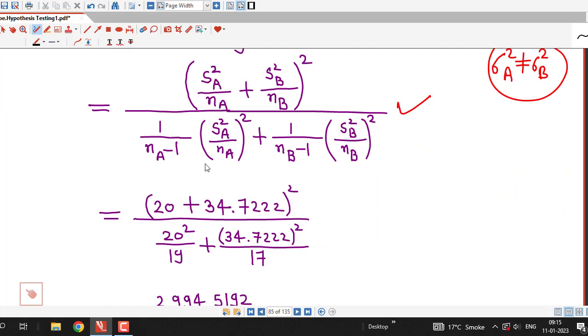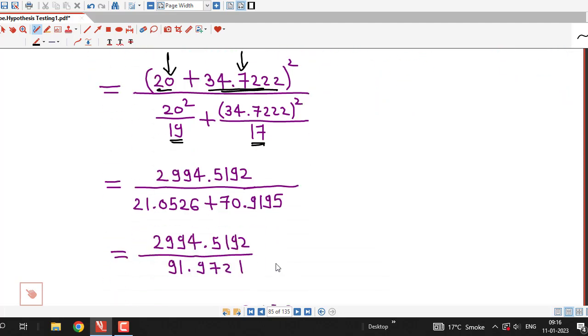So from this we can directly put these two values in this expression. I have written those two values from those earlier calculations in this expression, and this is also there, square of this term plus square of this term. NA is 20, so we have 20 minus 1, that is 19. NB is 18, so here we write 17.